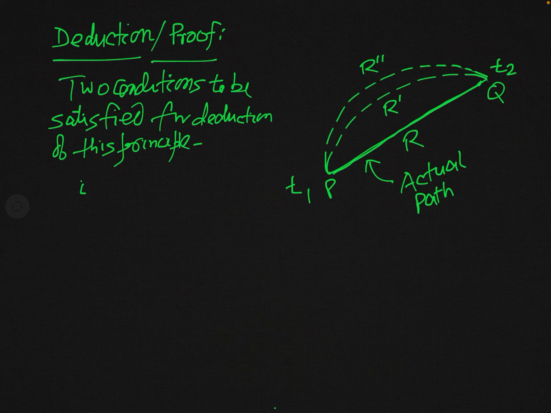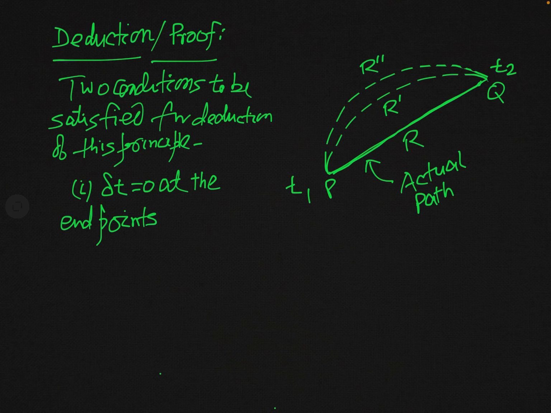The first one is that the delta variation of t, that is delta t, must be equal to 0 at the end points.